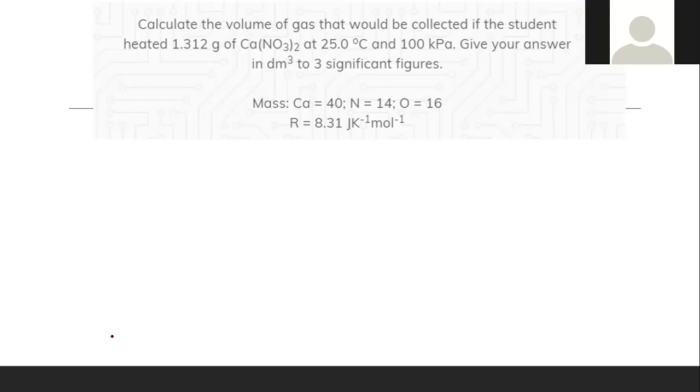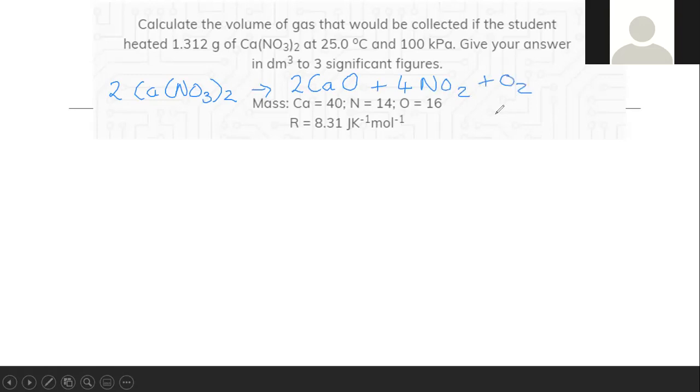It was 2 Ca(NO3)2, and that goes to 2 CaO plus 4 NO2 plus O2. First thing we want to work out is our moles of Ca(NO3)2.